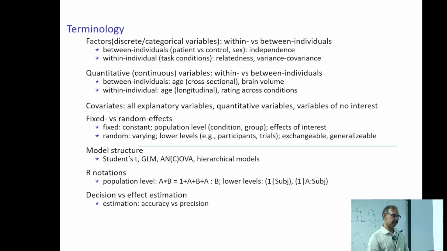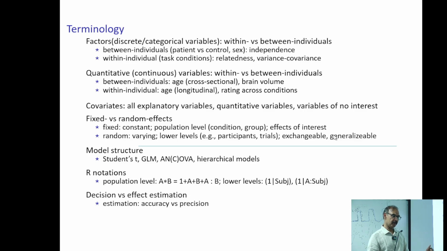As I had mentioned before, there are fixed effects and random effects, right? And fixed effect in this case implies constant, population level, which is condition, group, effects of interest, right?